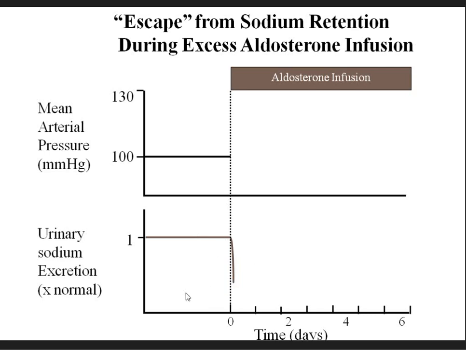But very soon, continuous infusion of aldosterone will cause escape phenomena, and the amount of sodium excreted will become normal. This happens because sodium, once retained, causes retention of water, causes ANP stimulation, that is atrial natriuretic peptide, which causes natriuresis and diuresis and maintains the excretion of sodium.